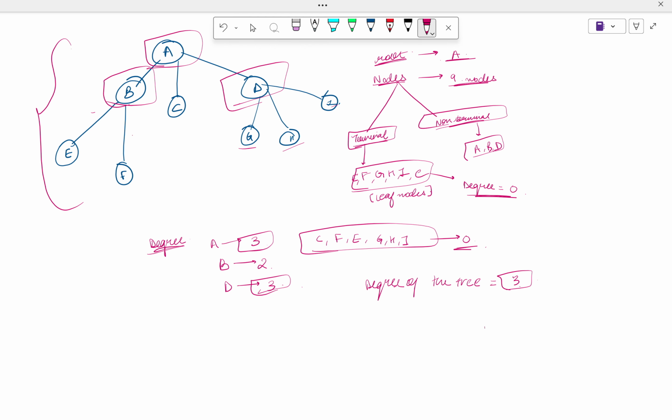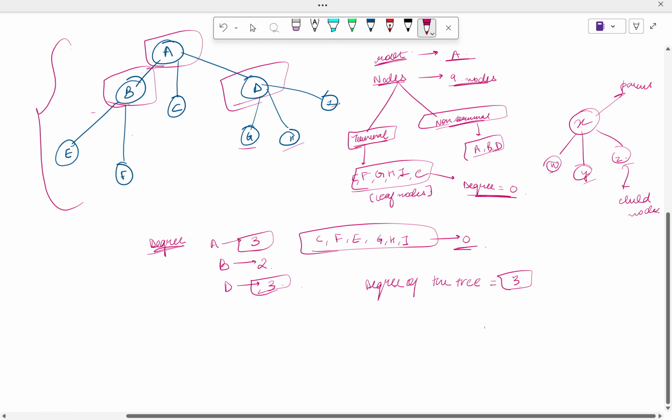Now let's come to our next topic, which is siblings. It might be a little obvious that siblings are the nodes which come out of the same parent. For example, node X has 3 children: W, Y, and Z. X is the parent node, and W, Y, and Z are the child nodes, because they are hierarchically lesser than the parent node.